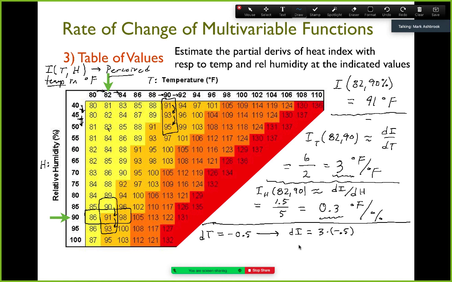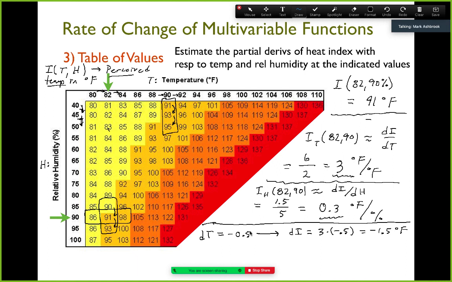So for a small change in temperature close to 82, the resulting change in index will be 3 times that change in temperature. Remember saying that over and over again? So what does that mean? It means if the temperature goes down 1/2 a degree, then what it feels like will go down 1.5 degrees.